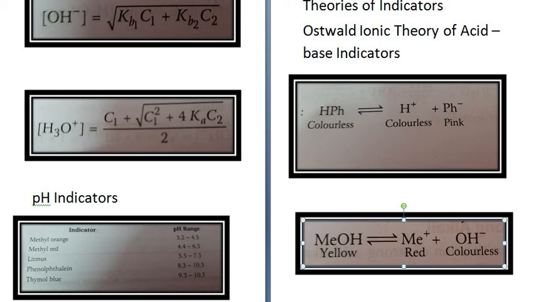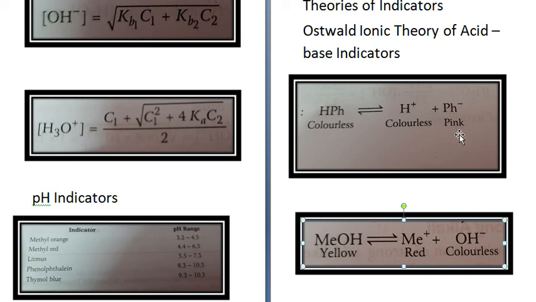For example, action of phenolphthalein. It is a weak organic acid and it ionizes like this: HPh gives H plus and Ph minus. Phenolphthalein is colorless, but when it ionizes, the H plus ion is colorless and the Ph minus ion is pink in color.